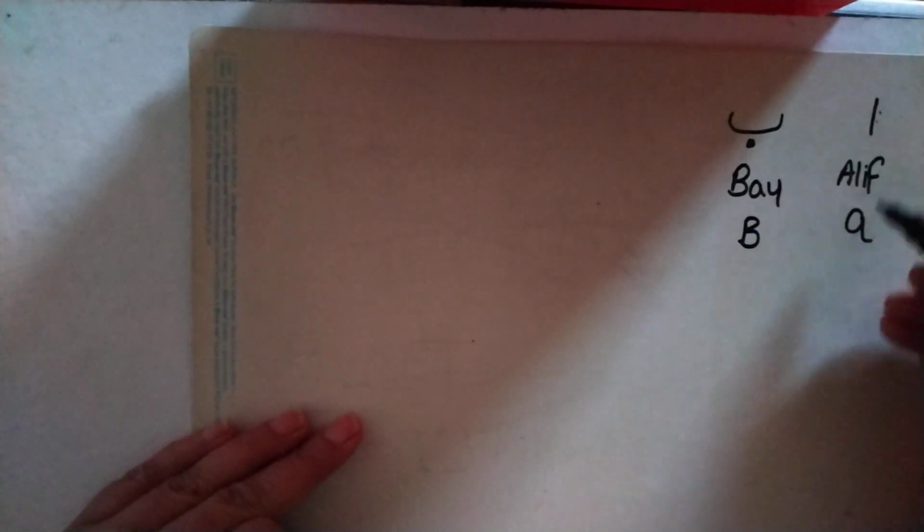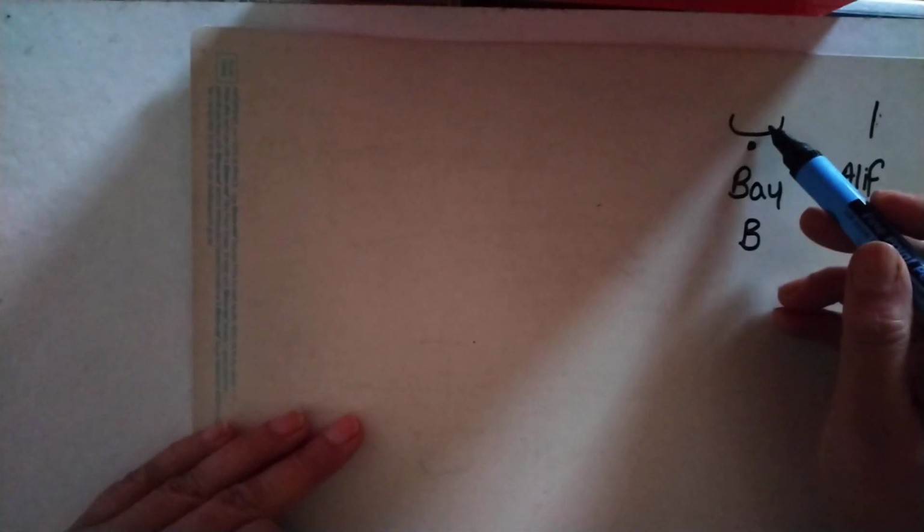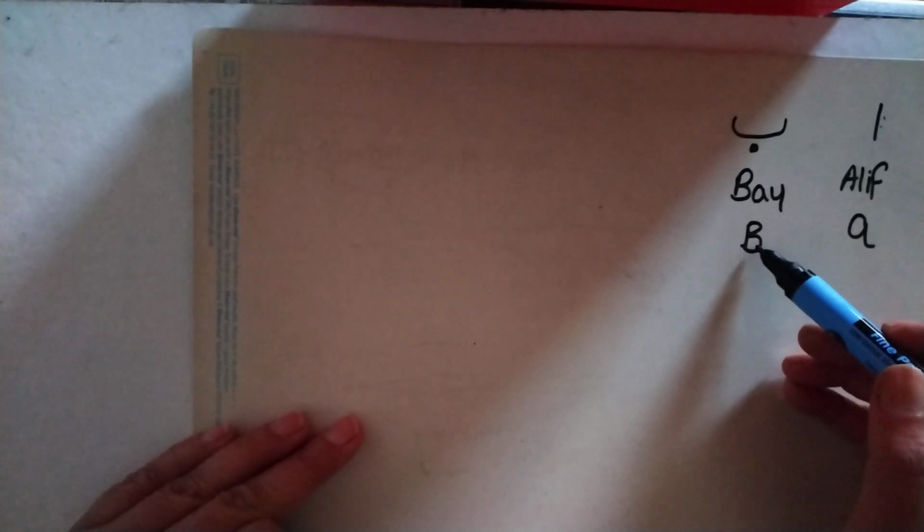Alif, and it's the same as the letter A. The second alphabet is Ba, and it's the same as the letter B. So this is Alif as a bit softer, and B as B a little softer.